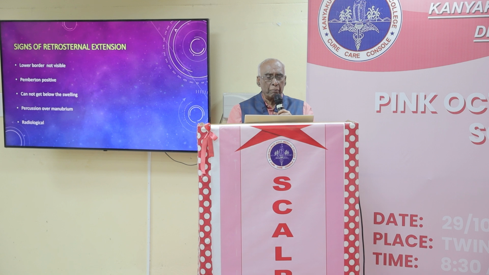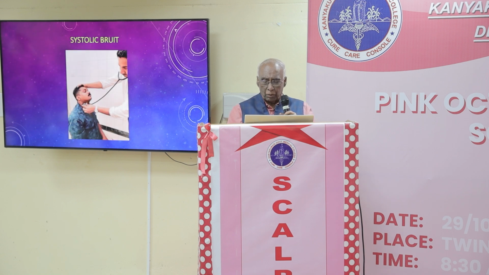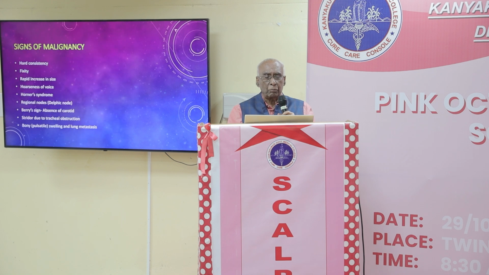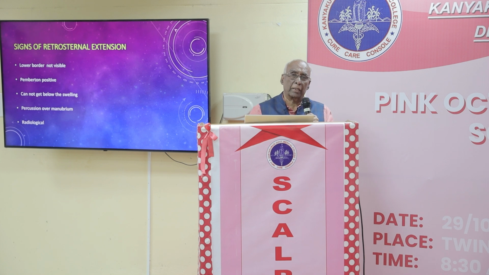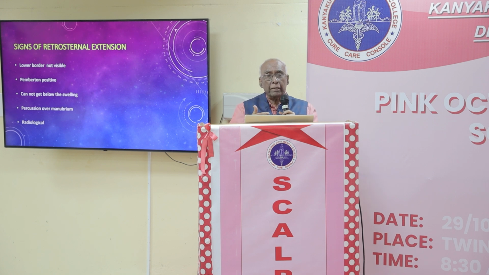These are the signs of retrosternal extension. On inspection, the lower border is not visible. On palpation, you cannot get below the swelling. On inspection itself, Pemberton's sign is positive. Then percussion over the manubrium, and finally radiological examination.